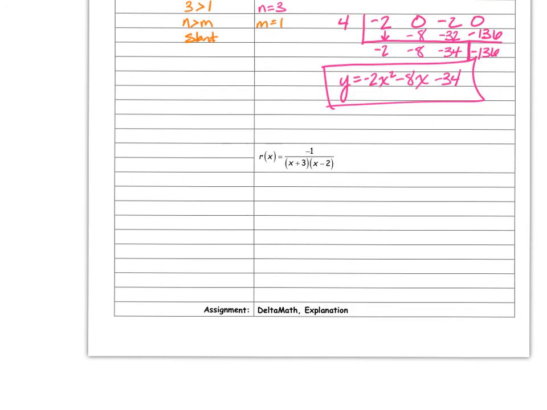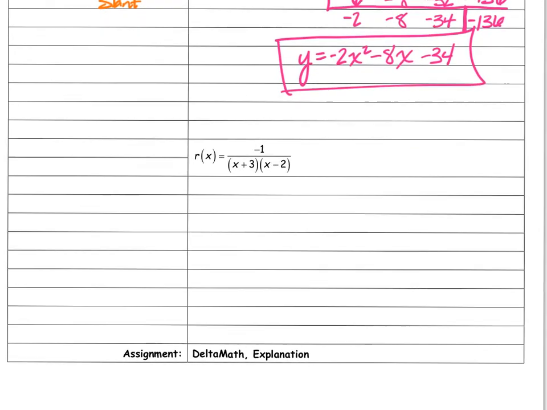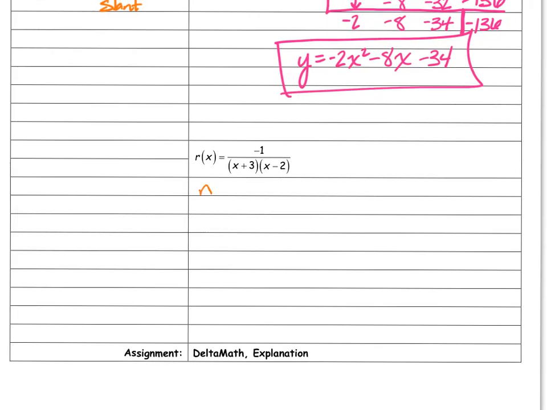What's the degree in my numerator? There's no variable in my numerator, so n is 0. And in the denominator I multiply x times x, and I get x squared, so the degree of my denominator, m, is 2.